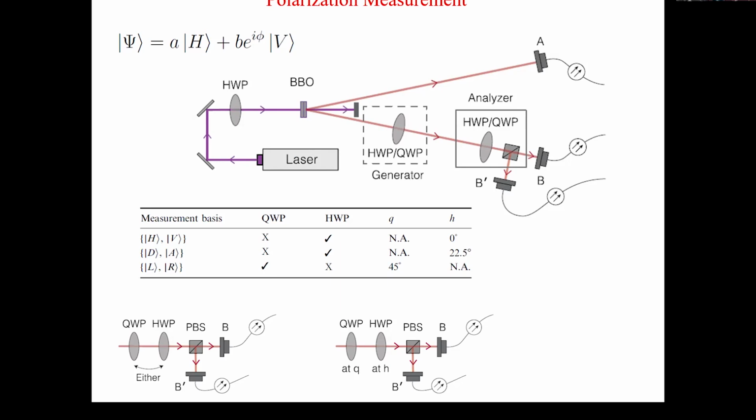You can use these polarization rotation elements to create any state. When you create these states, you use your analyzer, which is a half-wave plate and quarter-wave plate, as I described earlier in the tomography experiment. And then you have a beam splitter, and you look at these different combinations, and do tomography.